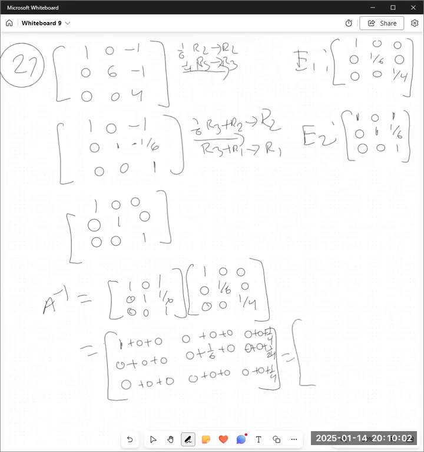So that's going to give me 1, 0, 1/4, 0, 1/6, 1/24, 0, 0, 1/4.